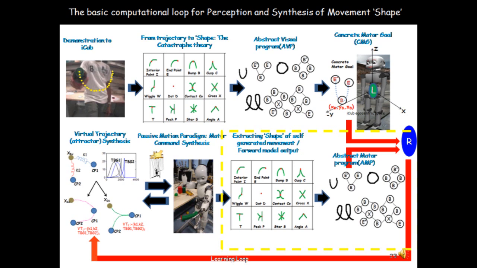We call this the abstract motor program because this computes the shape of a self-generated movement. The abstract motor program and abstract visual program can be directly compared to give rise to a learning loop. When the shape computed by the abstract motor program is similar to the shape in the abstract visual program, you have learned the right parameters to perform that movement shape.